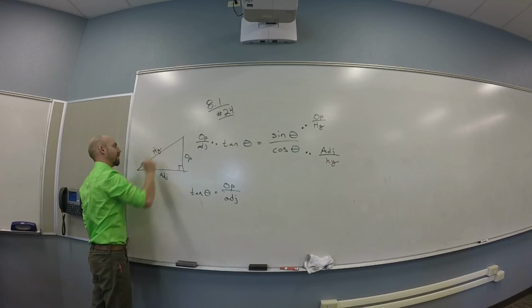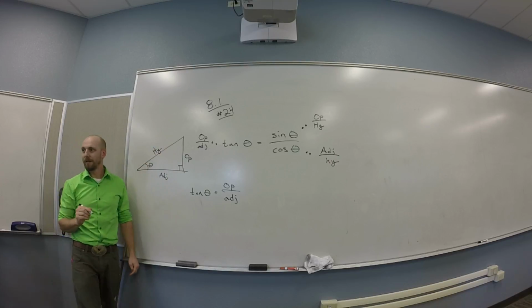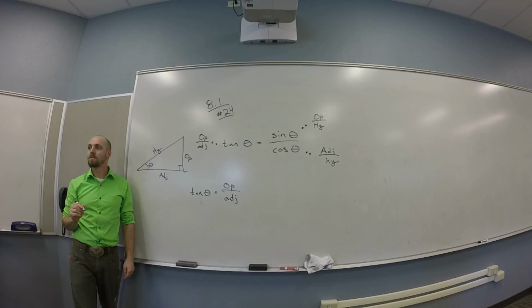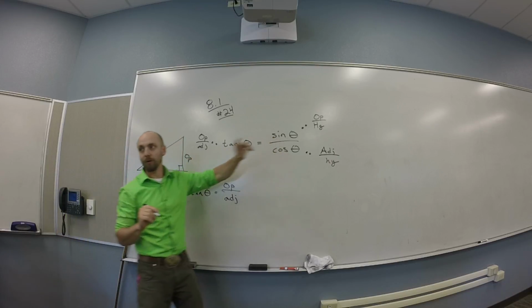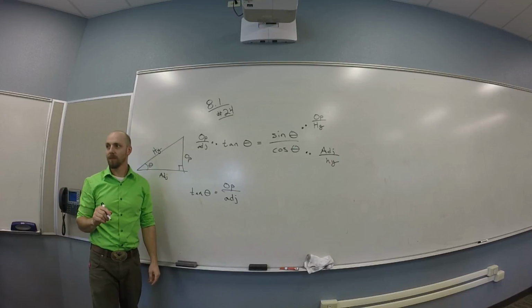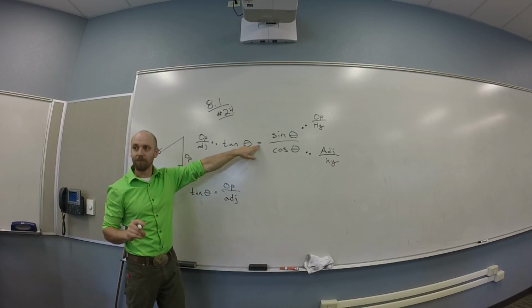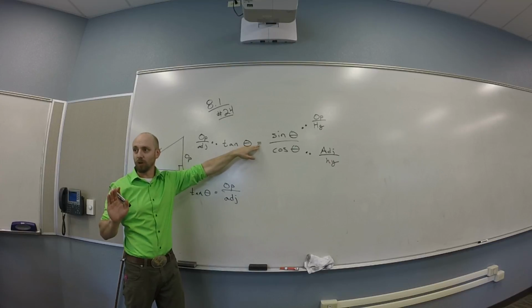You could also just use the sine, cosine, tangent, because you're putting them equal to each other. Right? When you're trying to show that this is true, you can't use what you're trying to prove. So this equal sign is kind of forbidden from me because that's what I'm trying to demonstrate.